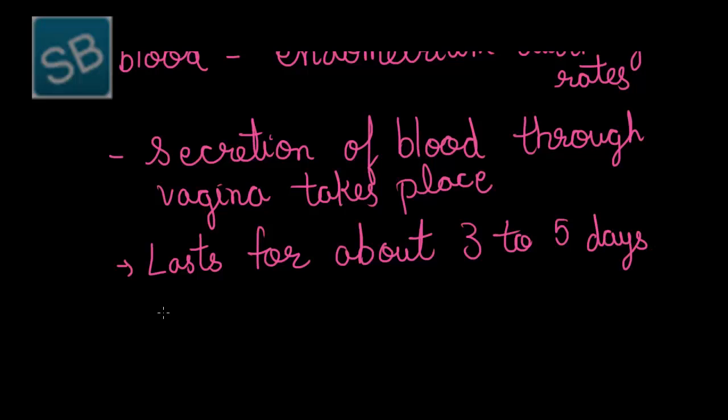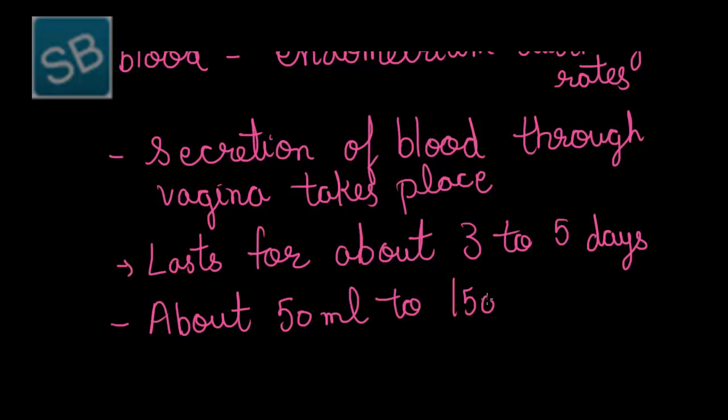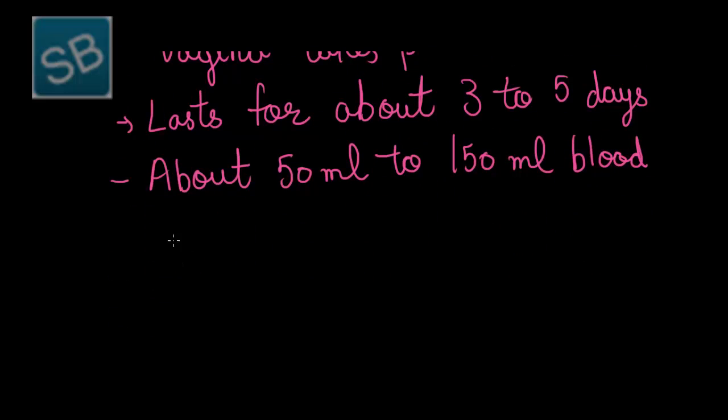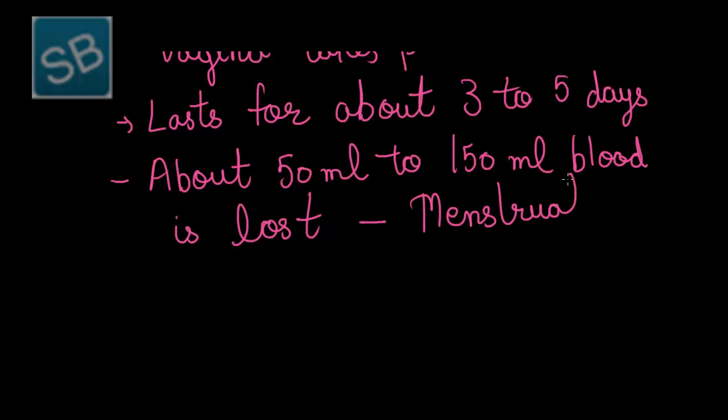During this period, about 50 to 150 ml of blood is lost. Such a phase is known as menstrual phase. Thus, the phase that takes place between 1 to 5 days is known as menstrual phase.